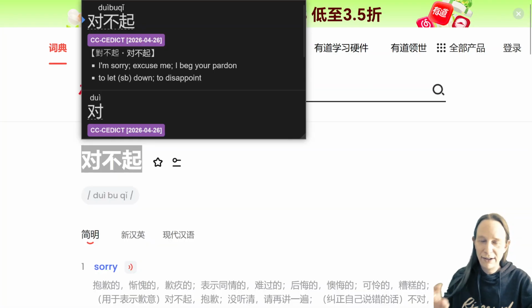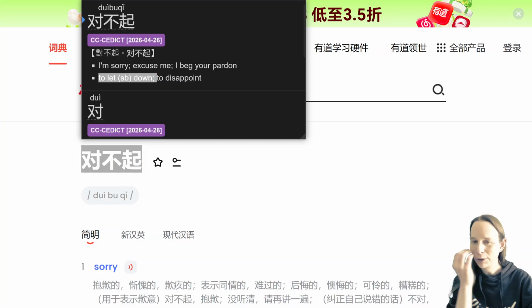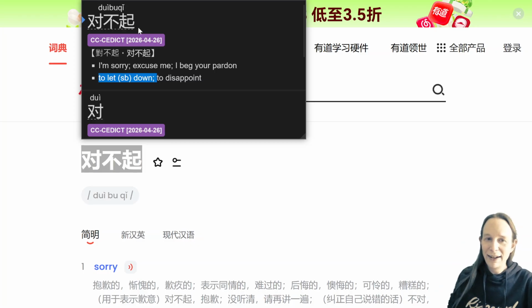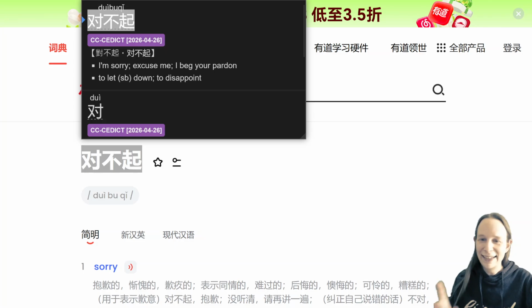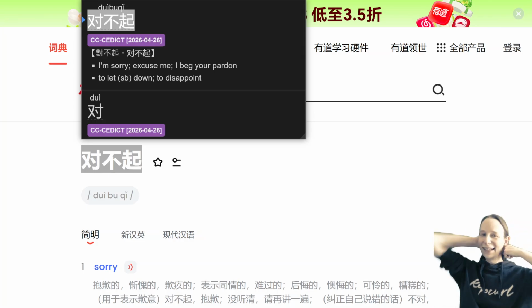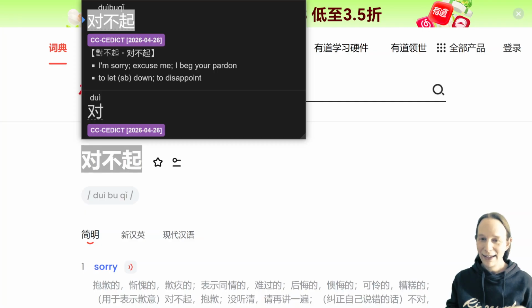So usually you're taught it means I'm sorry, but there's another meaning here which we don't usually get taught. Why? Because you get taught this on like day 2 or 3 of learning Chinese as meaning I'm sorry. 谢谢,对不起,再见,你好. You get taught these things.